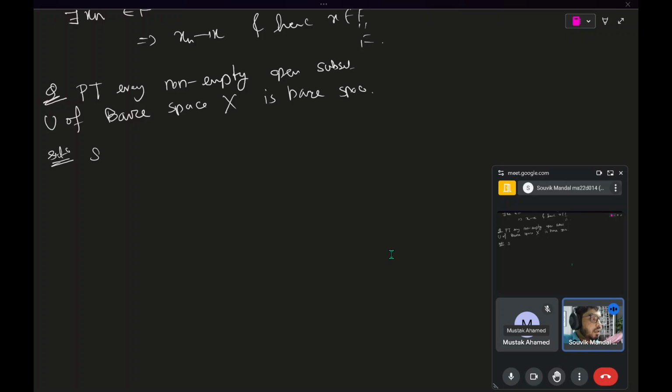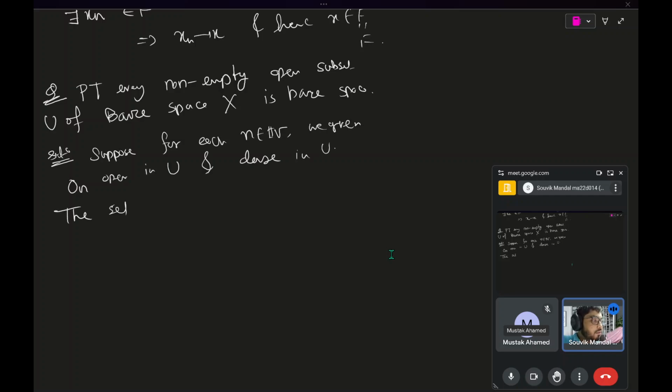Suppose for each n belongs to N, we are given On, which is open and dense in U. Then set On prime equal to On union X minus U closure, which is open in X and dense in X.